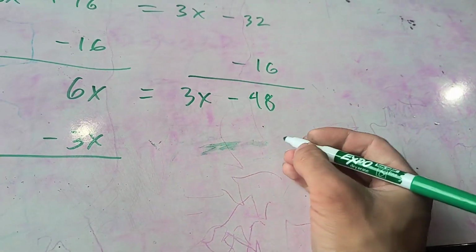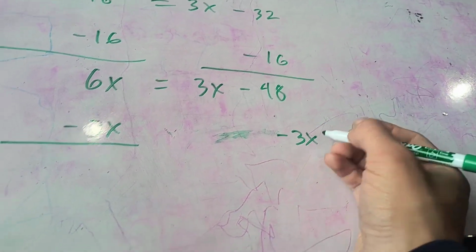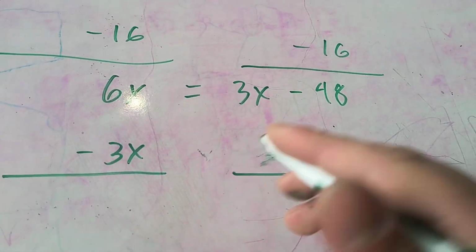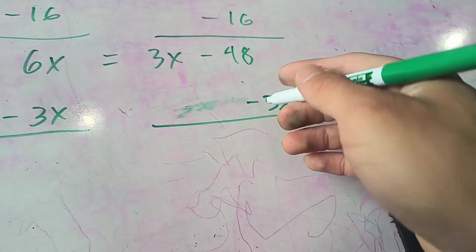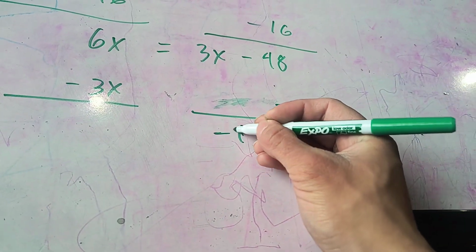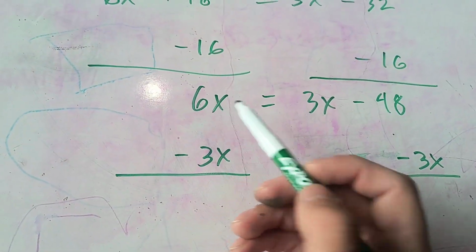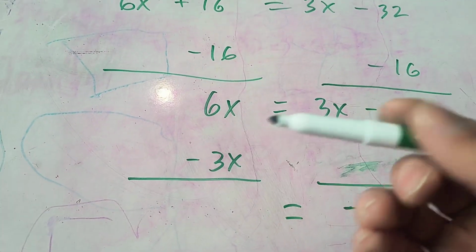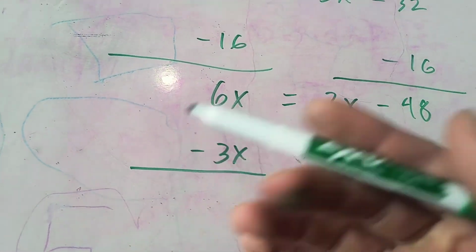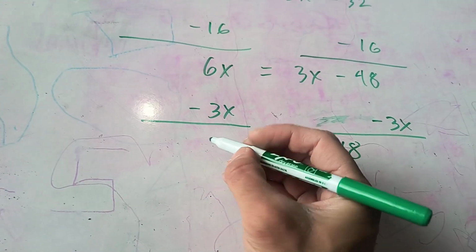Okay, well, obviously this one goes down to 0. And this just becomes negative 48 is equal to 6x plus negative 3x, or minus 3x, which is just 3x.